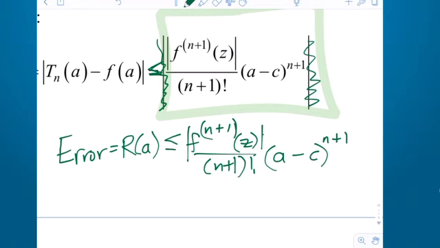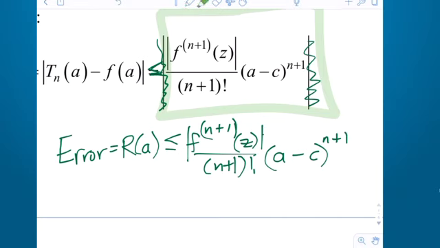Okay, so specifically, if I'm going to evaluate the Taylor polynomial at some value of a, then I know that the bound on my error is going to be less than or equal to this part right here: the n plus first derivative over n plus 1 factorial, times the value I'm evaluating it at, a, minus the center to the n plus first.